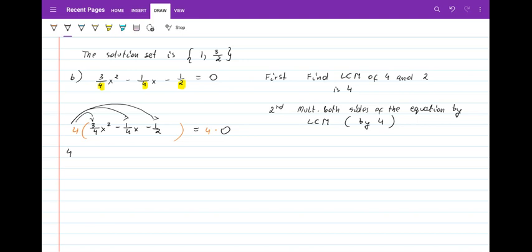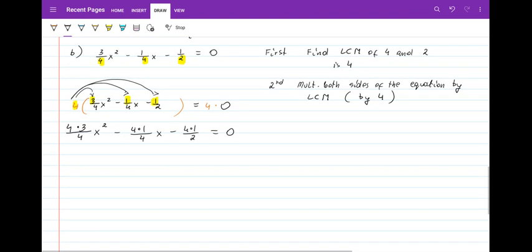So we have 4 times 3 divided by 4x squared. So number multiplied by fraction means multiply only numerator by that number. Then we have minus 4 times 1 divided by 4x minus 4 times 1 divided by 2 equal 4 times 0, which is 0.